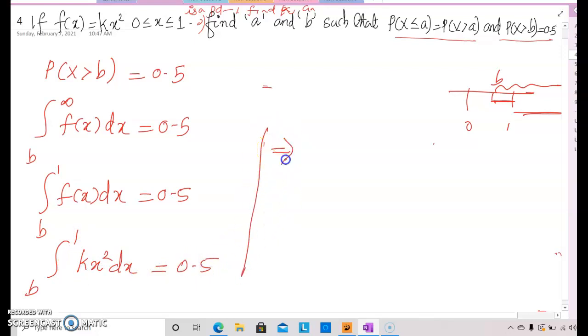That means k into integral x square is x cube by 3, limit b to 1, equal to 0.5.